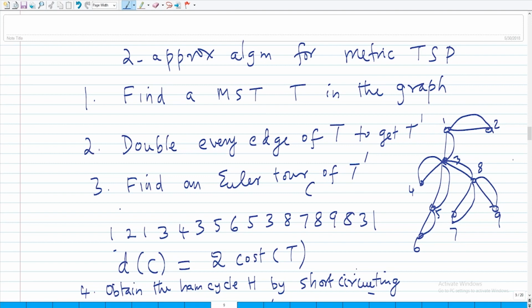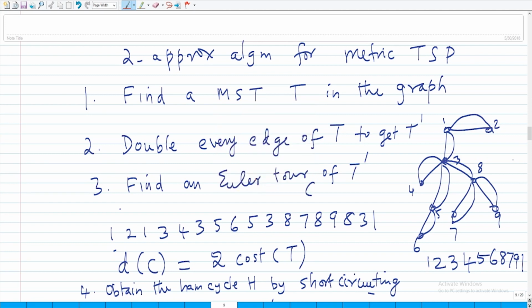So, my Hamiltonian cycle will be: I will start from 1, go to 2, and then instead of going to 1 and 3, I will directly go to 3, and then 4, and then I will skip 3 because that is already visited. I will go to 5, 6, and then I am going to skip 5, skip 3 and directly go to 8, 7, 9, 1. So, what did I do?